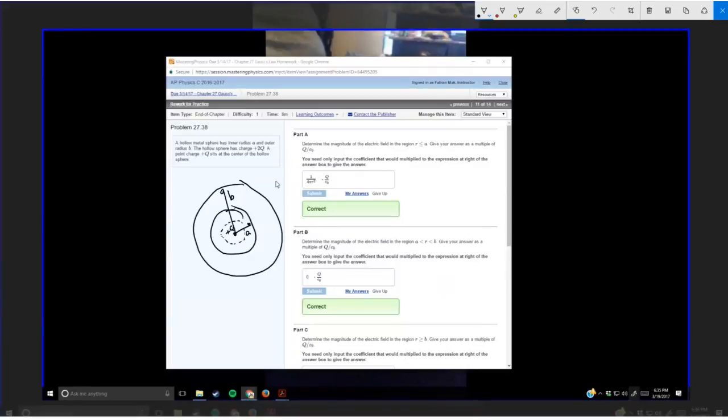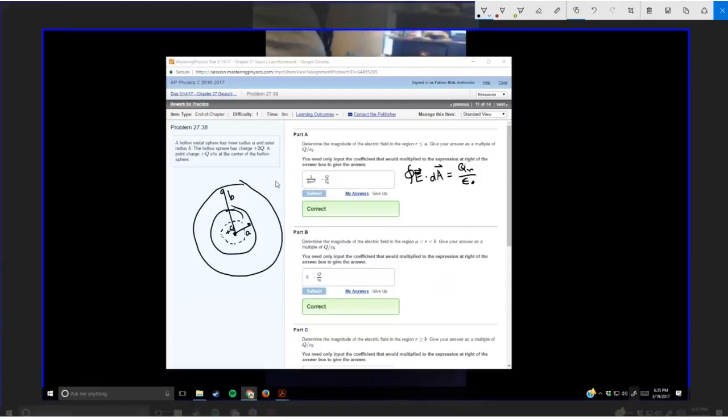When we do Gauss's law, I'm going to do the full thing once, and after that we'll just take shortcuts. This is the full thing, the closed integral, so we're looking at the flux through the whole surface.